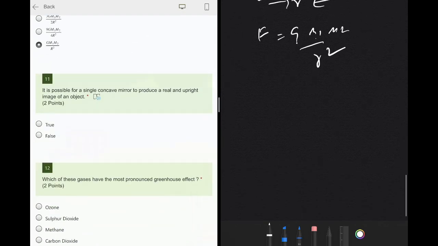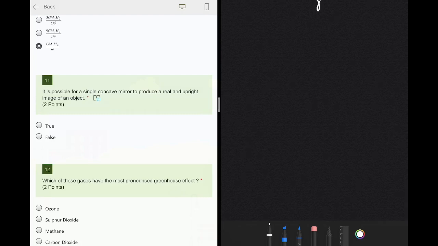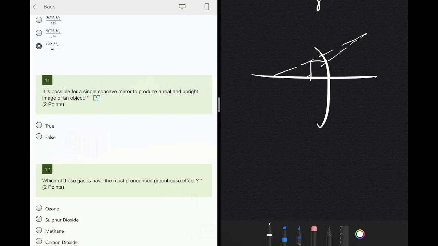Is it possible for a single concave mirror to produce a real and upright image of an object? We know that a concave mirror will produce an upright image only when the object is very close to the mirror, but in this case the image formed is virtual.